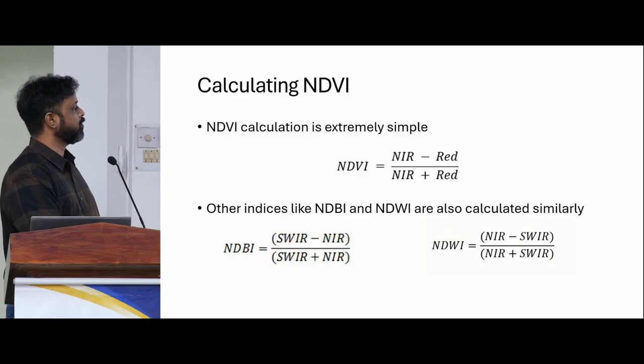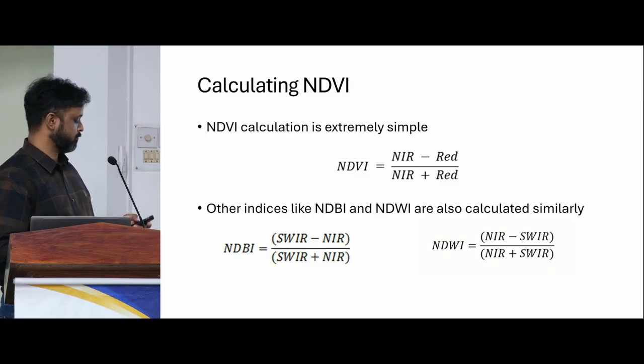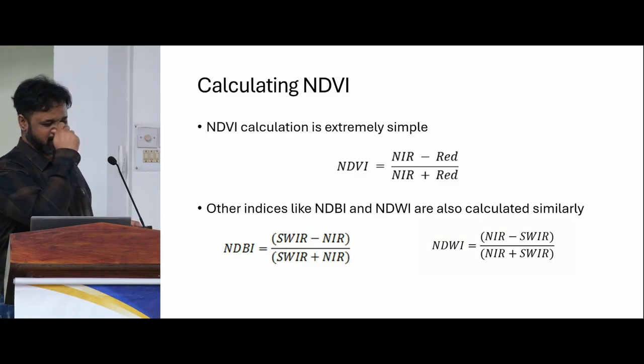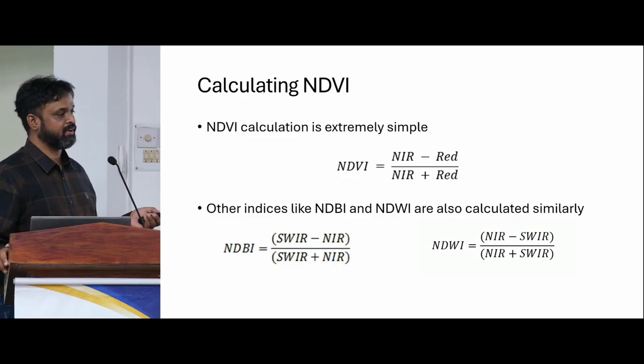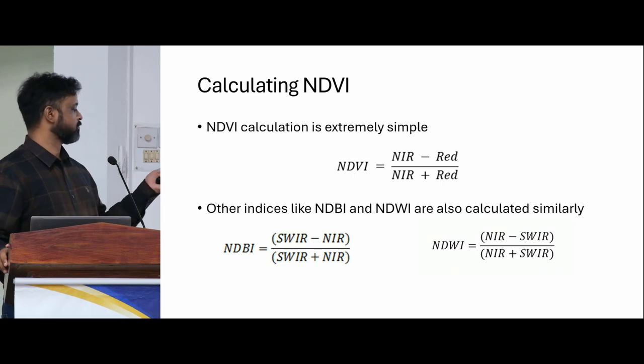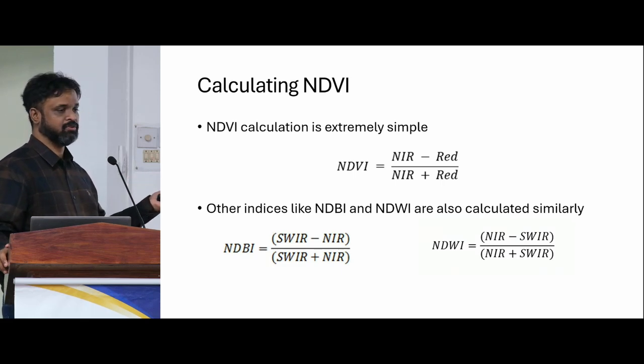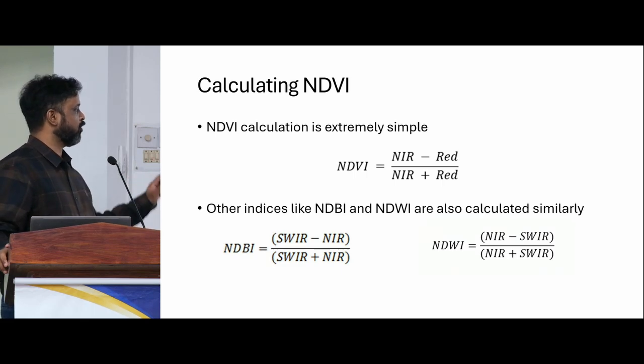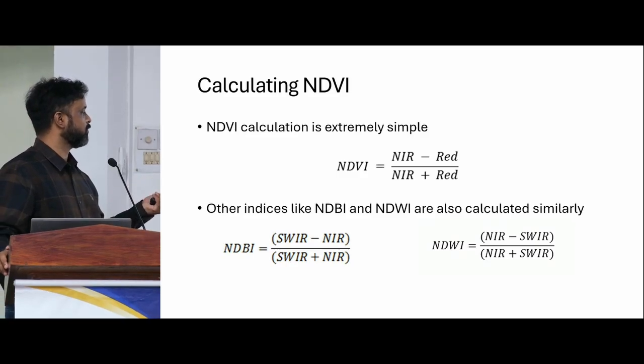So it is the amount of near infrared light subtracted by the red band divided by the sum of both. So from this you would get a value ranging from -1 to 1 theoretically, because if one is 0 and the other is full, or if both are equally transmitted, you will get different values for both.